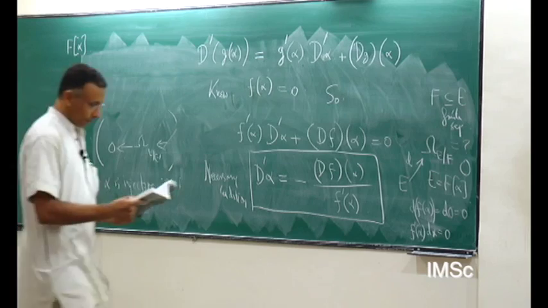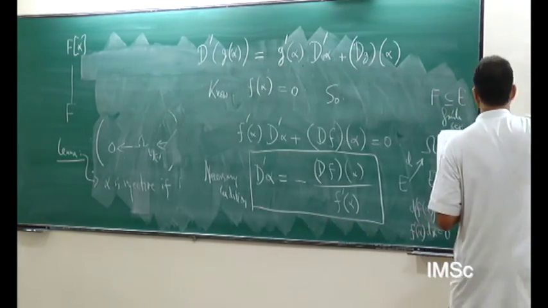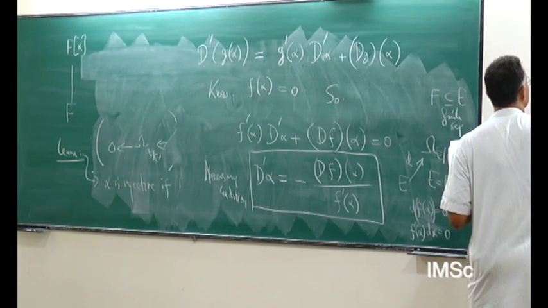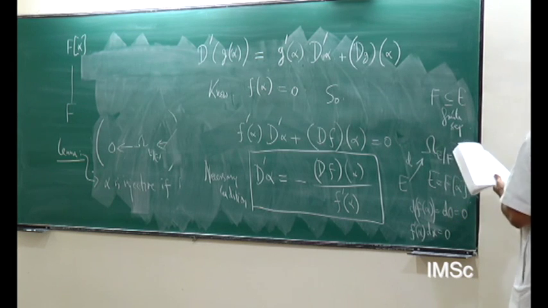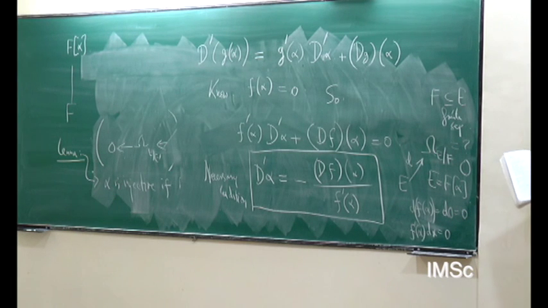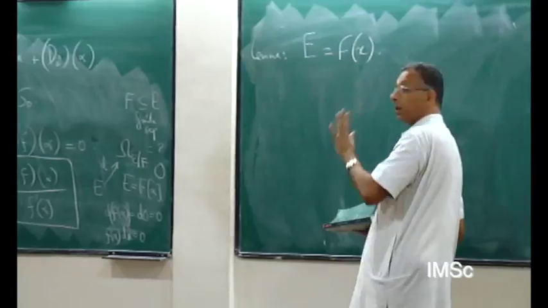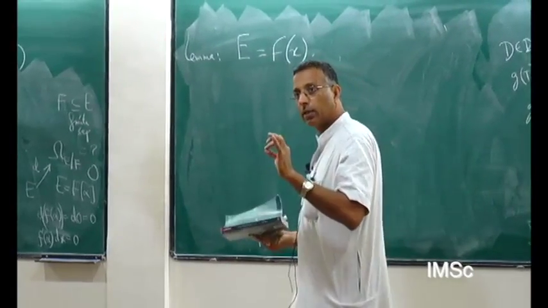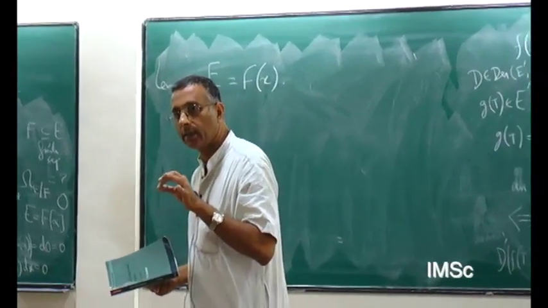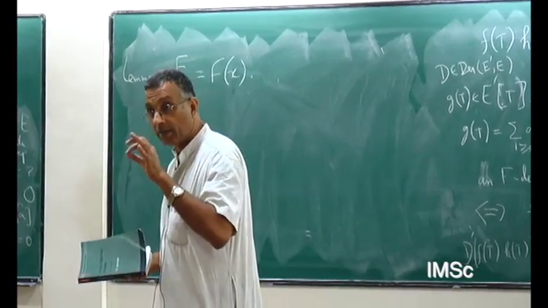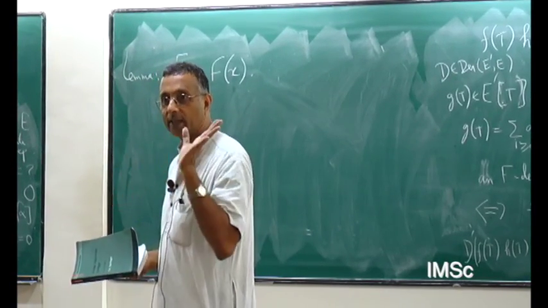Okay, lemma: let E be equal to f of x. I am not writing square brackets but round brackets. What this means is that x is an element of E and E is generated as a field by f and x.